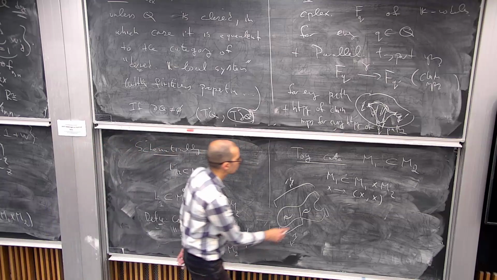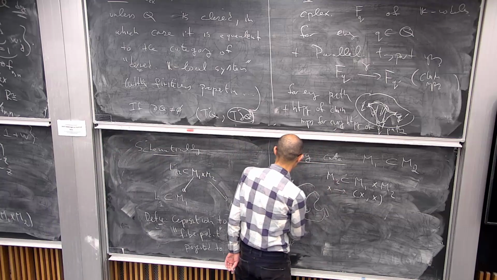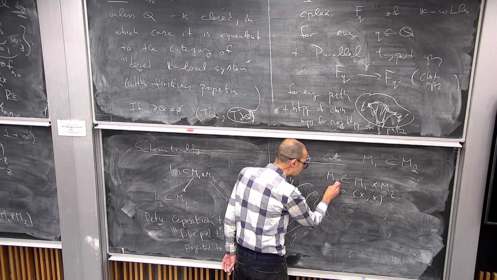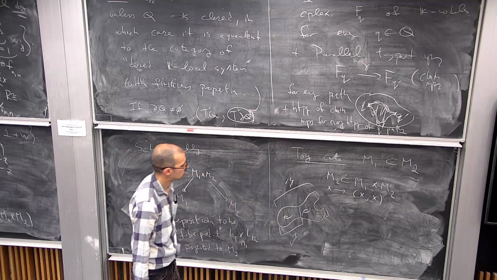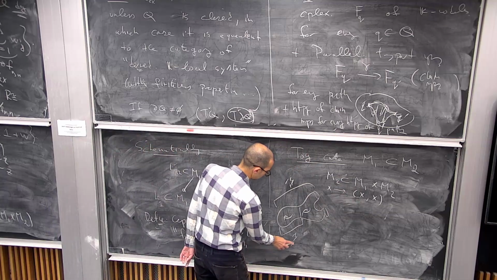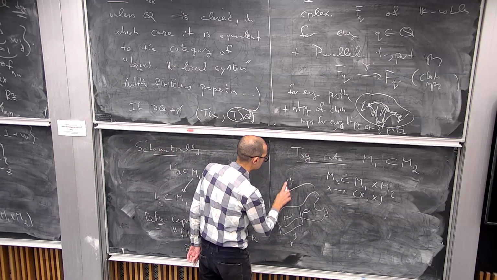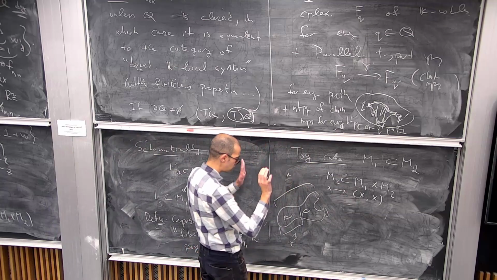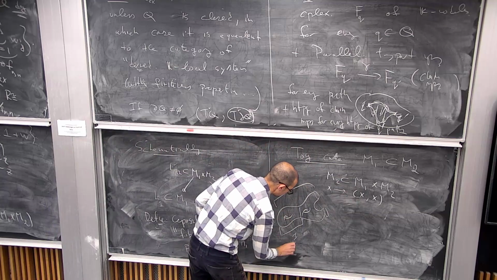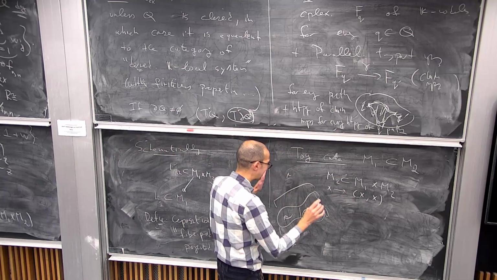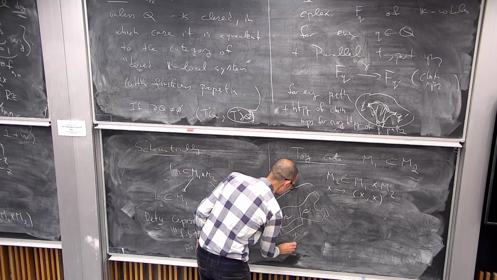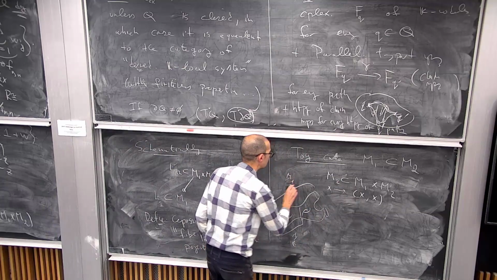Actually, that's not what I want. I want the other one. Okay. I want M2. All right, just give me a second. Yeah, this is M2 and this is M1.